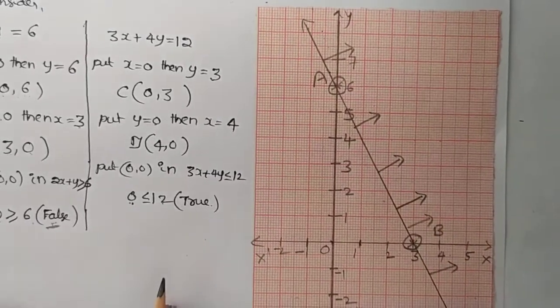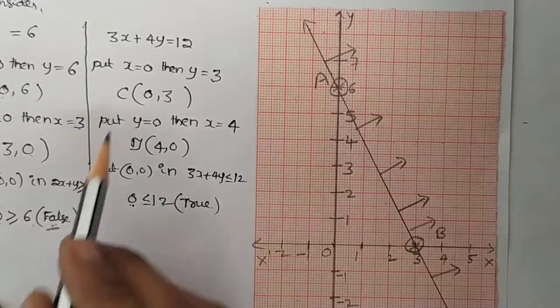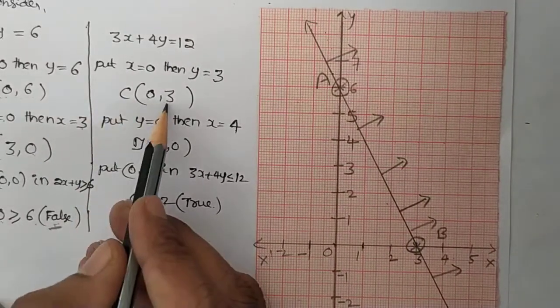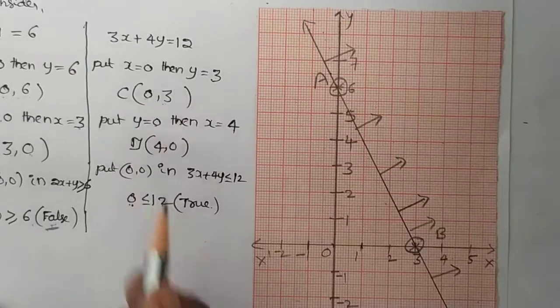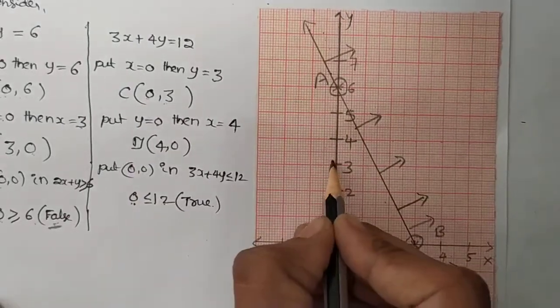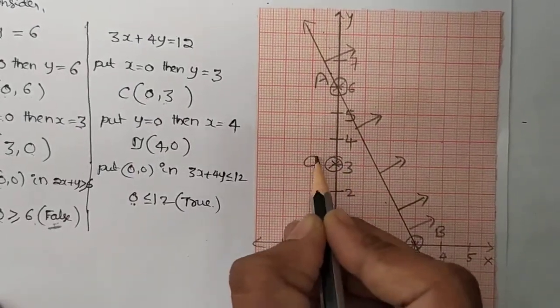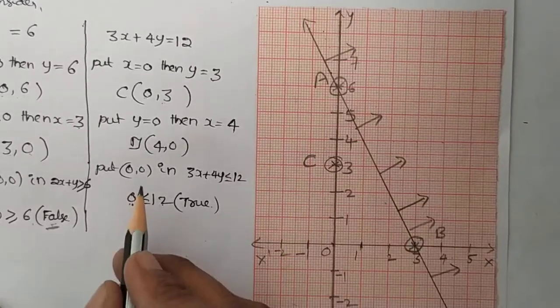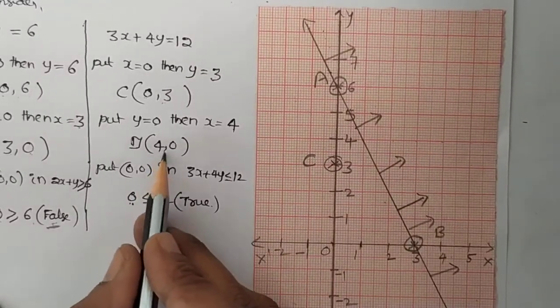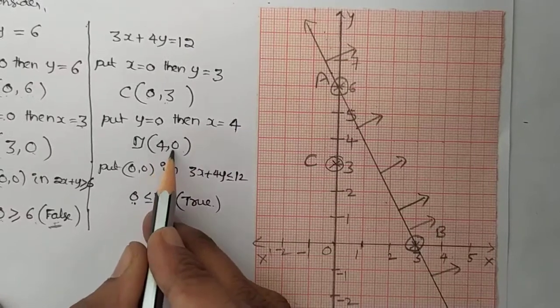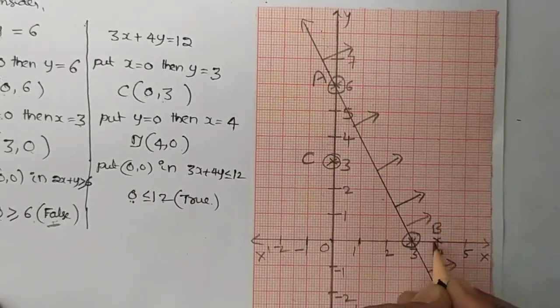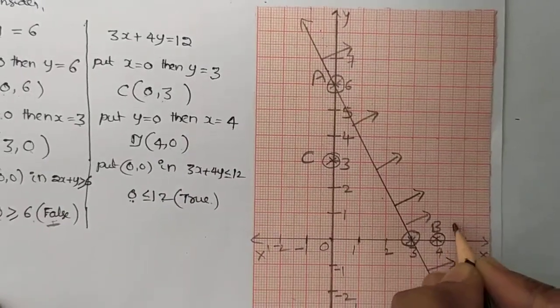Next, let us move on to the second inequality. Point C is what? 0 comma 3. x 0, y 3. It is the point C. Next, D is what? 4 comma 0. x 4, y 0.